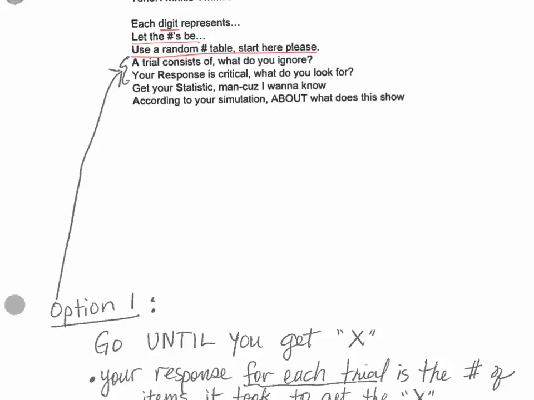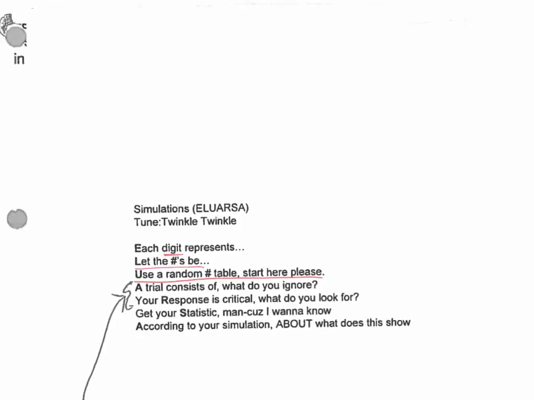Do you look at a certain number of them and then stop? Or do you look at the numbers until you come across a particular amount of items? So a trial consists of, when am I going to be done looking at my coins and I am done with 1 trial? And then your response is critical. What do you look for? So let's address those 2 items right now.